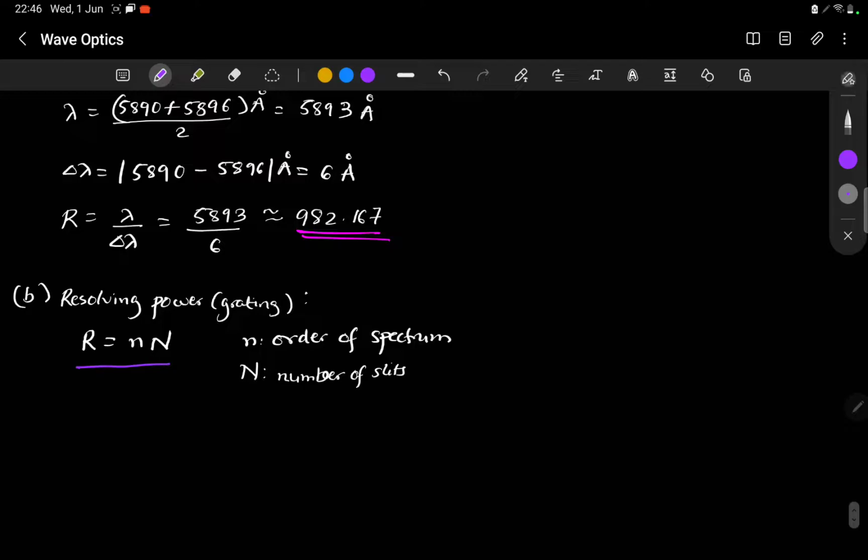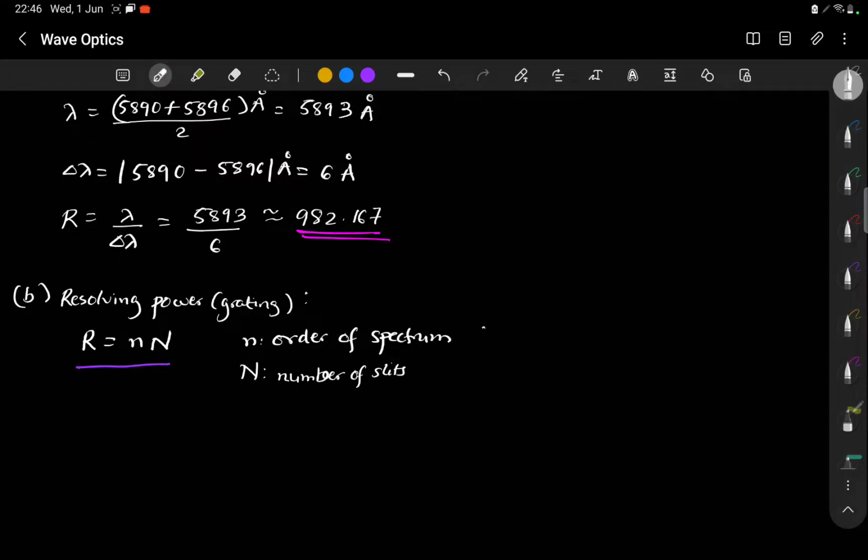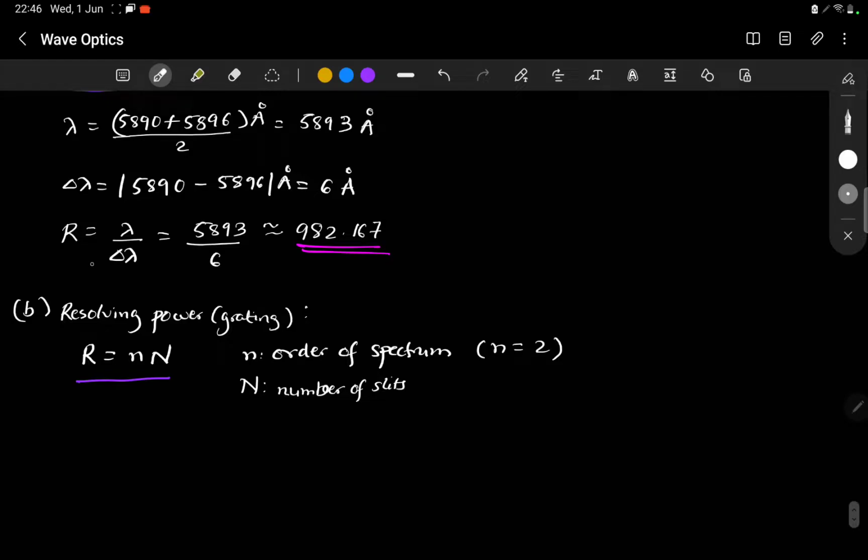In our case, we want to resolve it in the second order spectrum, so n is equal to 2 for us, and we are given resolving power from part A as roughly 982.